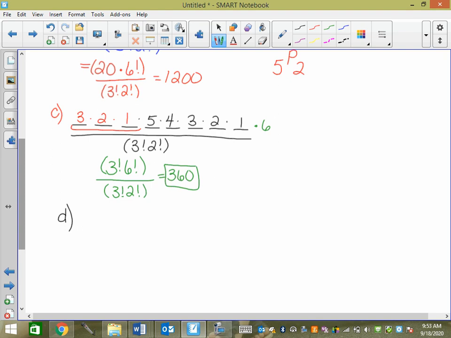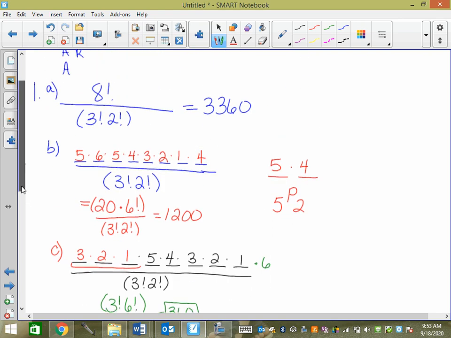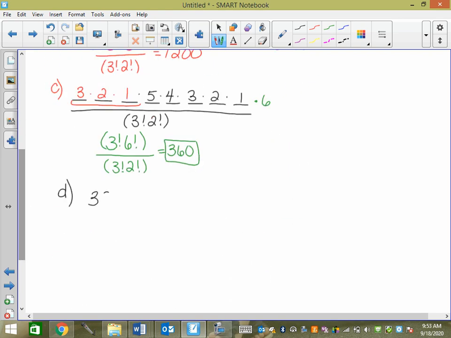So what do we do? Total with no restrictions, which we did at the top. This one, 3360. That was all the different ways I could rearrange aardvark. So it was total no restrictions, and what do I have to subtract off of it? Vowels together.